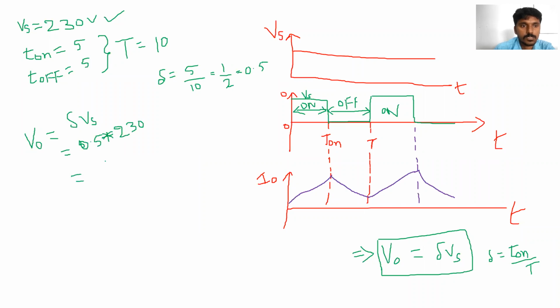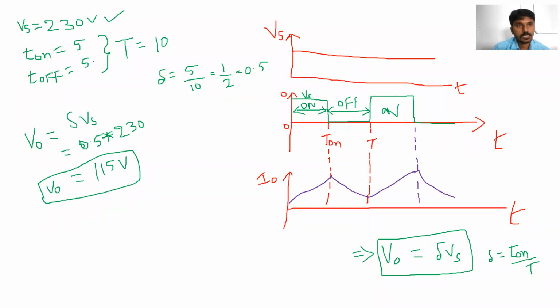So what is the value of 0.5 into 230? 115. 115 volts. So V0 is equal to, yes, exactly. Thank you. V0 is equal to 115 volts.